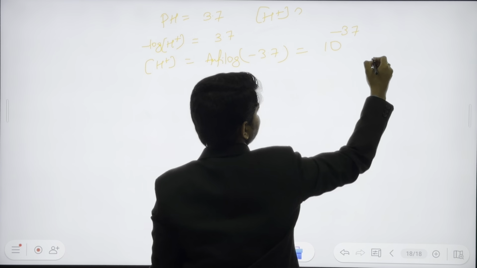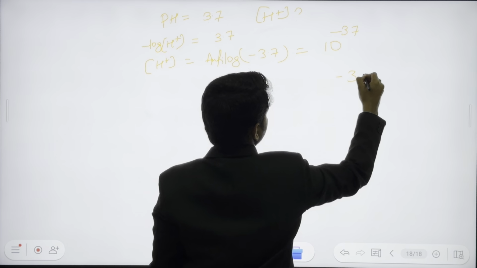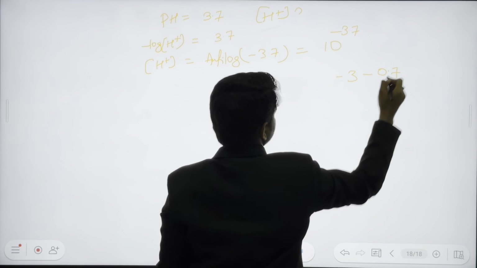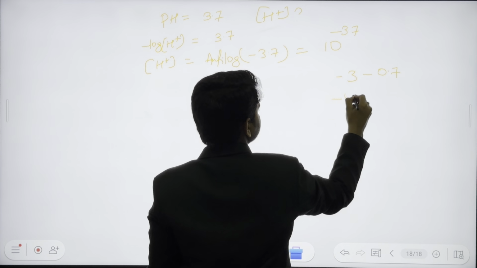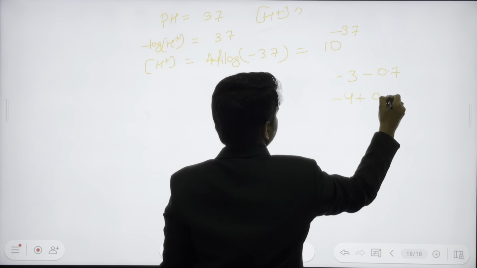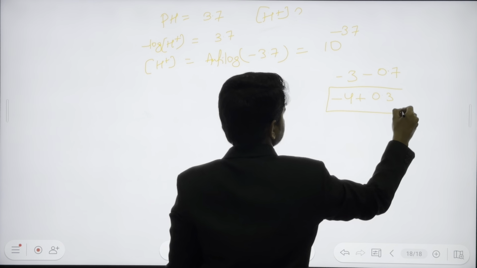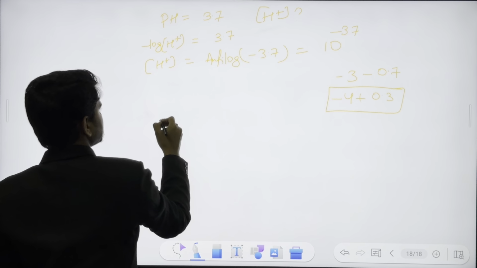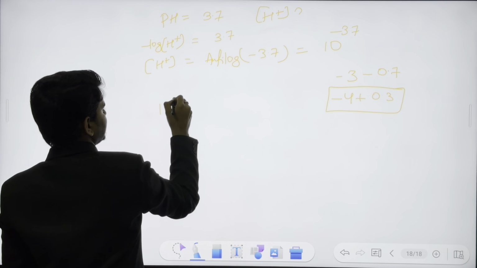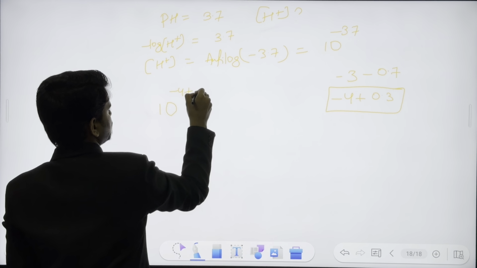So minus 3.7 can be written as minus 3 minus 0.7, or minus 4 plus 0.3. So we want to use this. Okay. So 10 to the power minus 3.7 can be written as 10 to the power minus 4 plus 0.3.